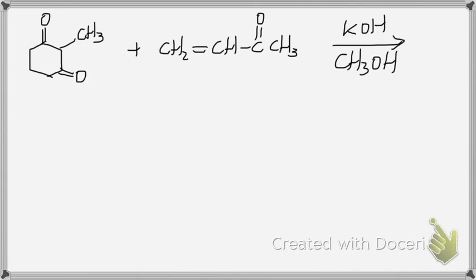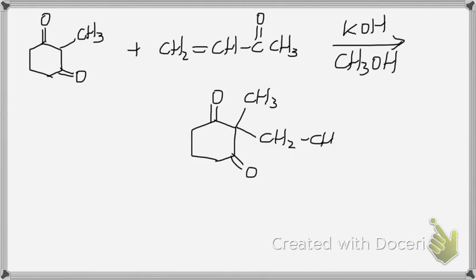Okay, the carbon in between. So the enolate can form, and the enolate is stabilized by the two carbonyl groups. And the enolate will undergo conjugate addition to the alpha-beta unsaturated carbonyl.